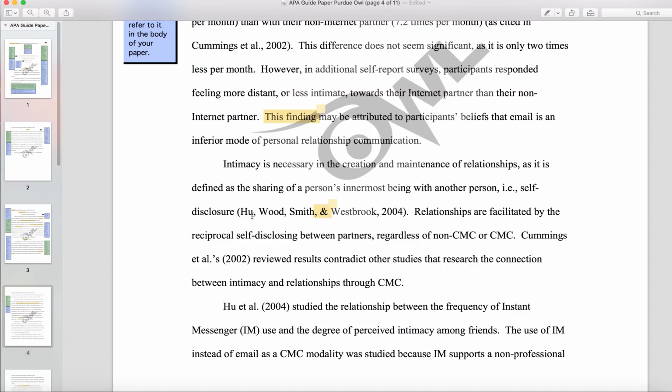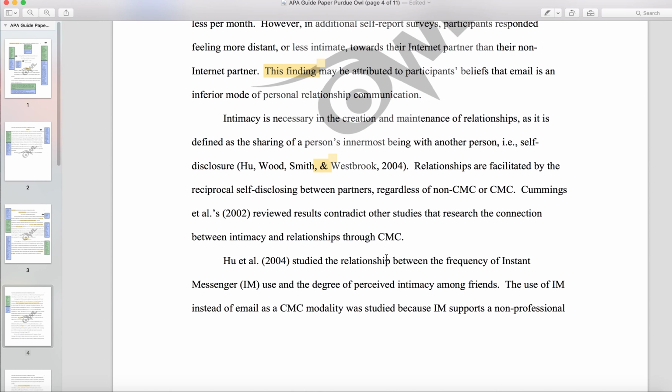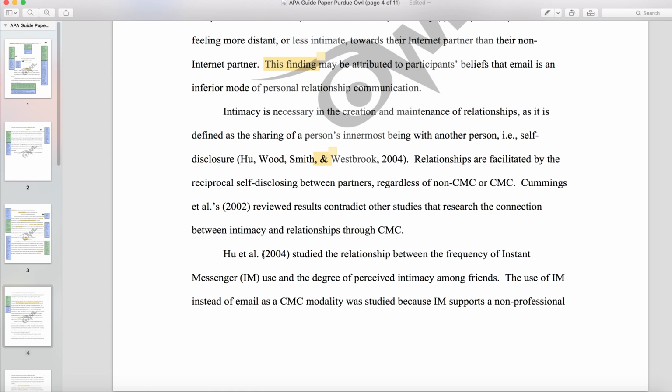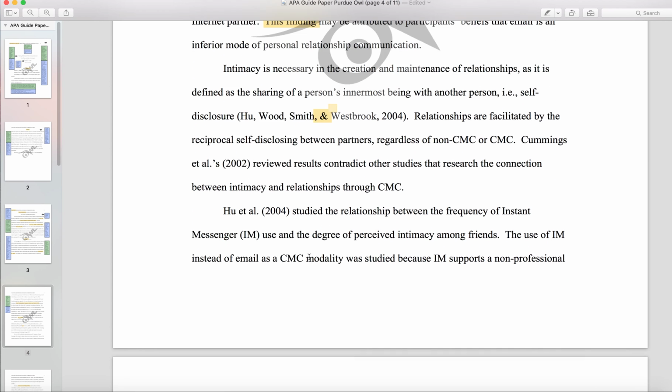Now notice how this is at the end, right? And then we've got the and sign here. So this is at the end, you use the sign here, and then when it's in the middle of it, you'll use and. So notice there's no comma right here.